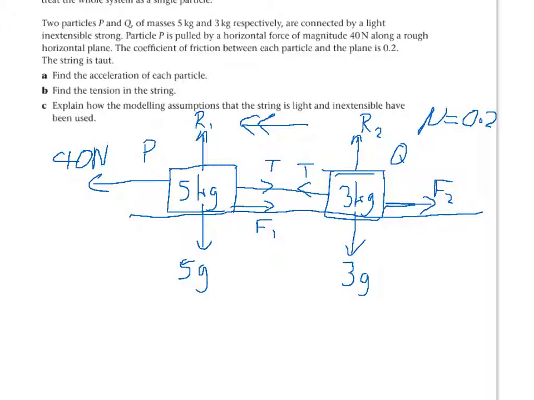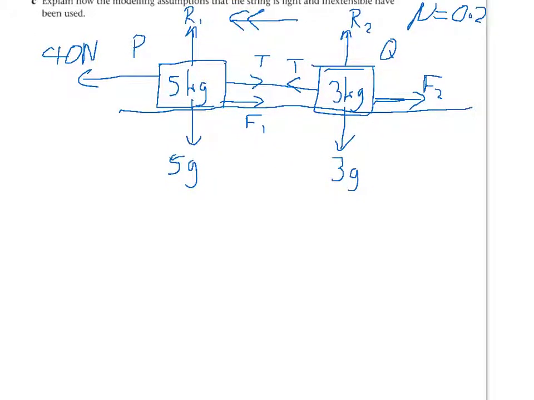Now to do that, remember, we have to find out what the normal reaction force is for both P and Q. So if we look at P over here and Q over here, if we take forces upwards, then F equals ma.